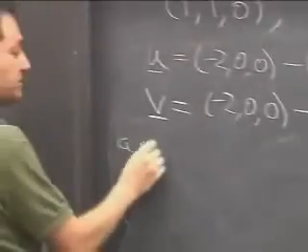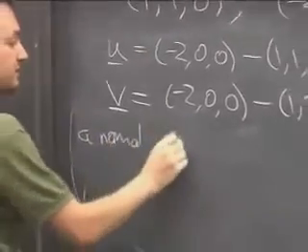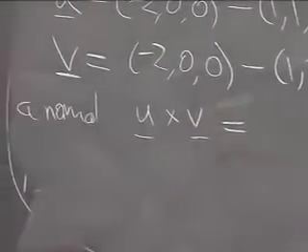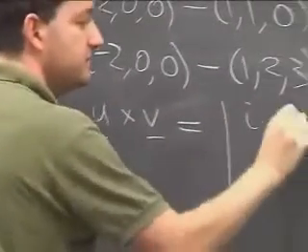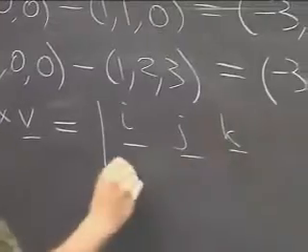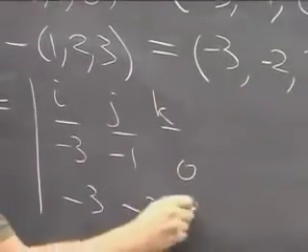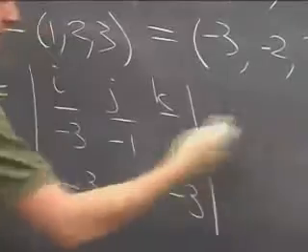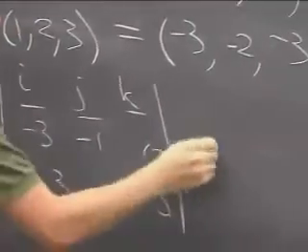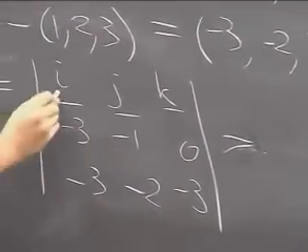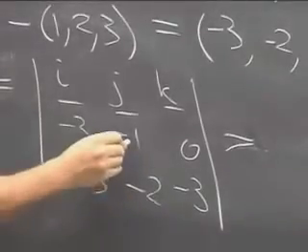A normal, not a unit normal, but a normal is given by u cross v, which unfortunately we have to whack out the ijk thing. So how many i's do we have? 2 each. Well, okay. Sorry.